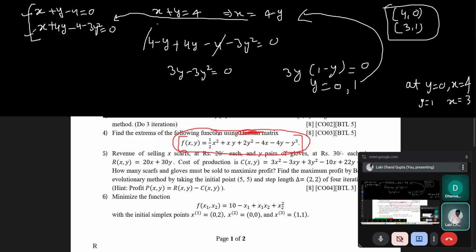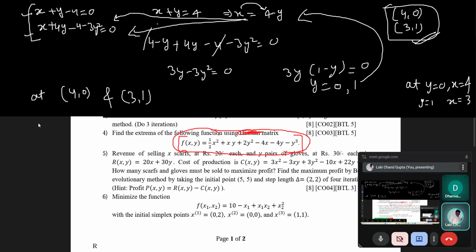Anyhow means you can use a calculator, do it manually, or use the elimination method. In this question, I eliminate x, which is equal to 4 minus y, in the second equation. Solving both, we get two stationary points, right? One is (4, 0) and the other is (3, 1).